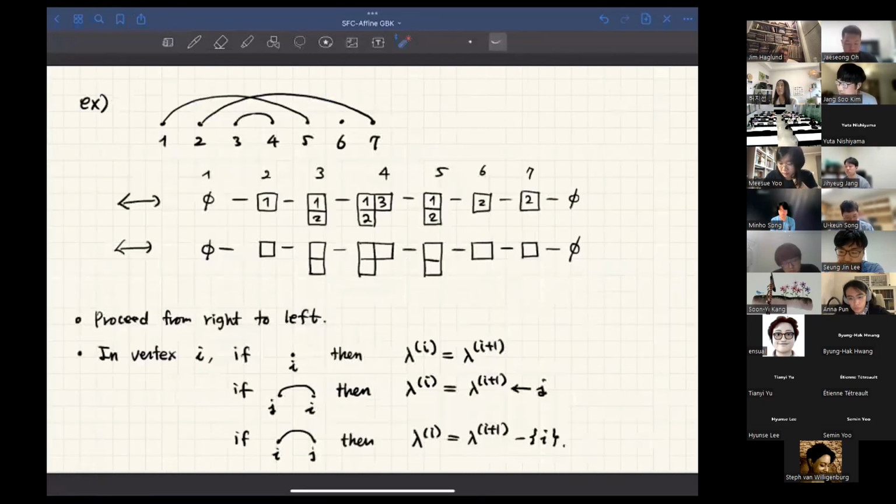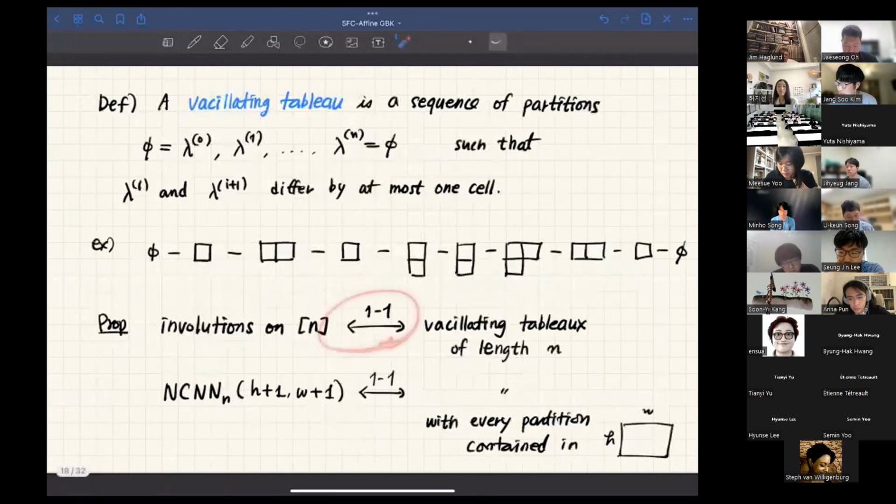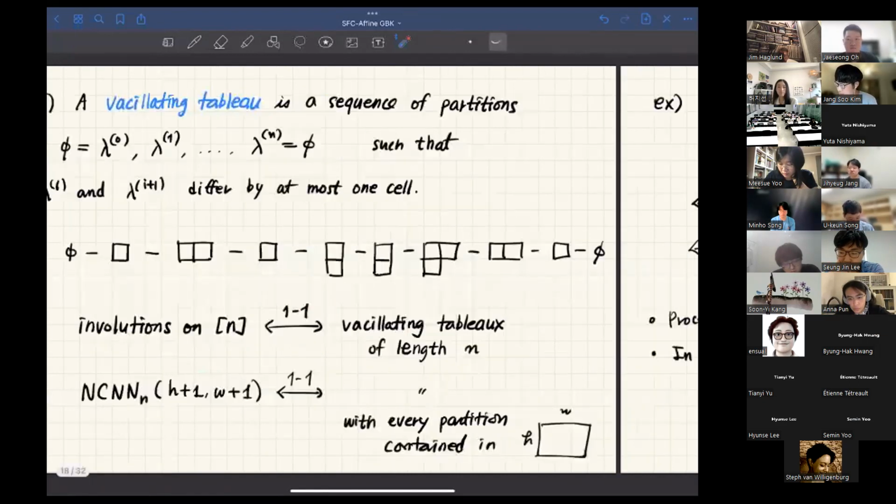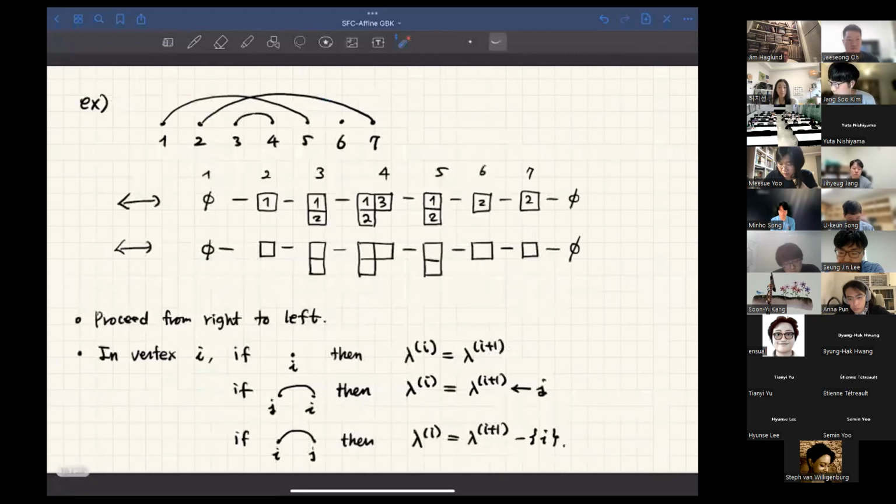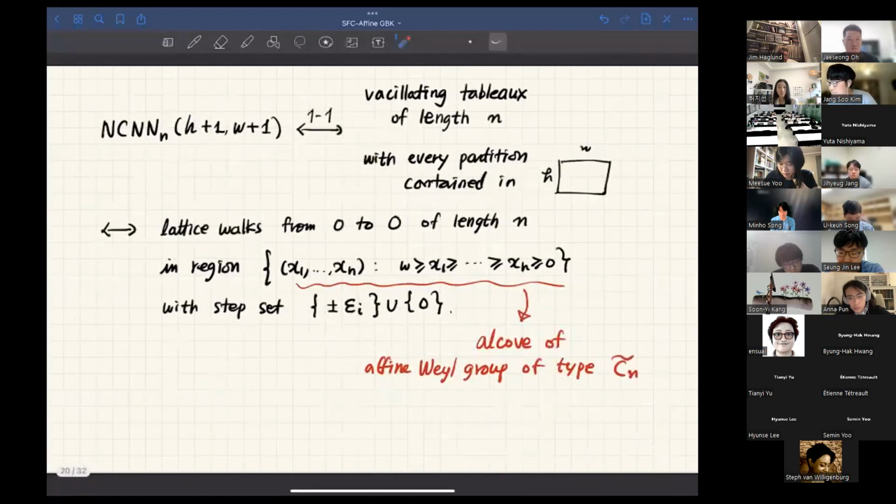And the bijection is well known and is basically using RSK, but I'm going to omit the details to save time. So these non-crossing and non-nesting involutions are in bijection with vacillating tableaux with each partition contained in this box.